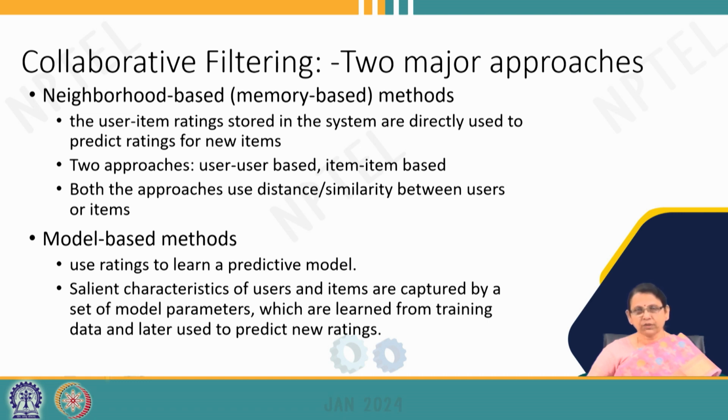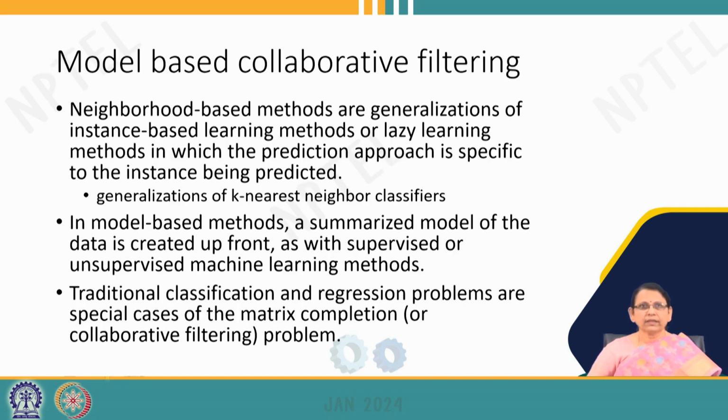Collaborative filtering, as we know, has two approaches. One is neighborhood based, another is model based. Now, when we talk about the neighborhood based method, if we look closely, they are actually some kind of lazy learner. Now, what is a lazy learner?